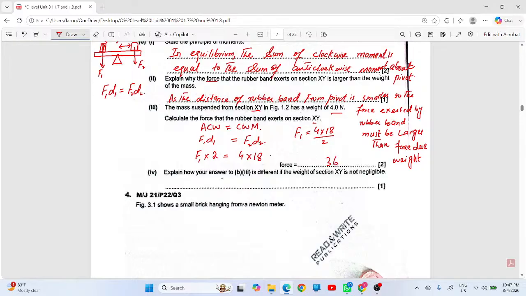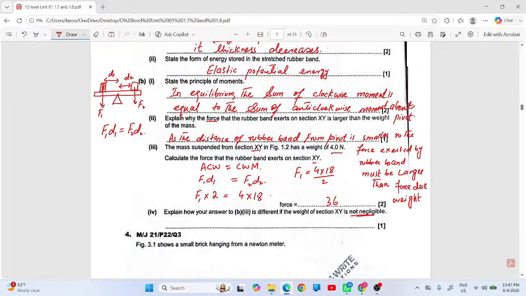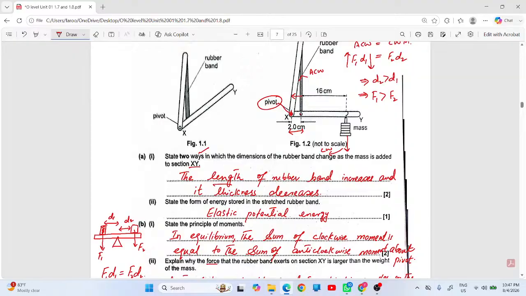Explain how your answer to B part 3 is different if the weight of the section is not negligible. हाँ, तो weight फिर इसका मतलब है now the clockwise moment is due to the masses and due to the weight of the rod XY. ठीक है.